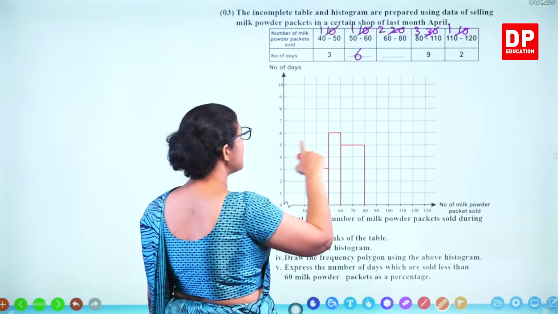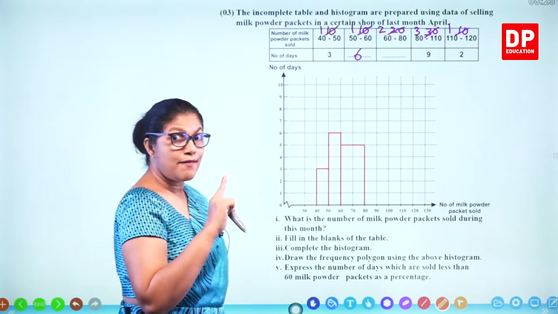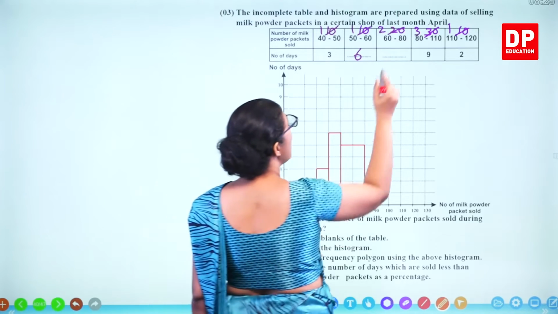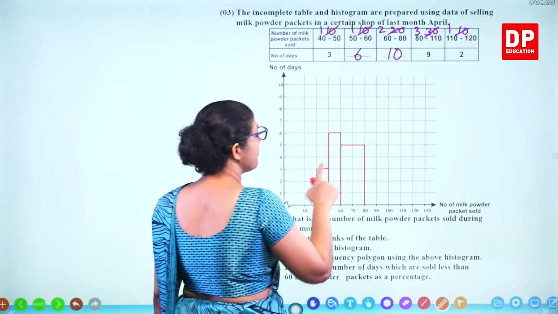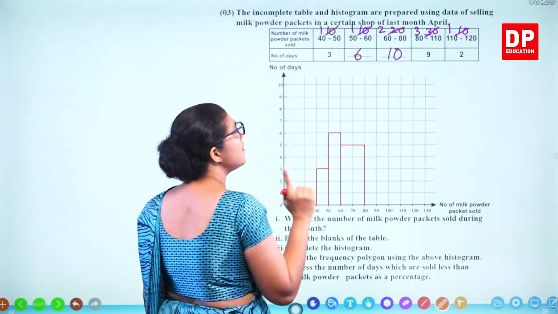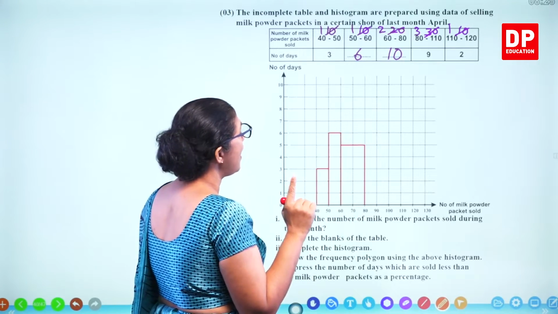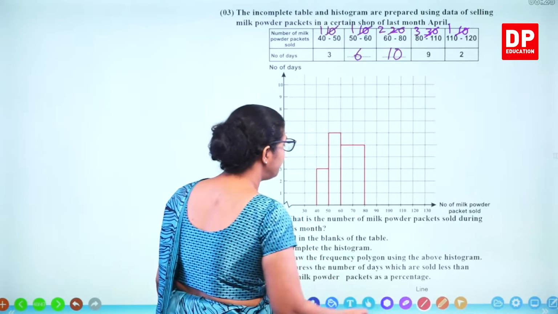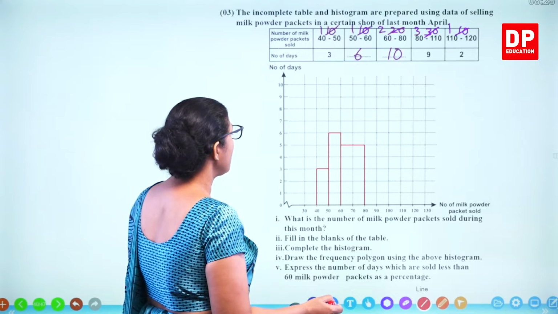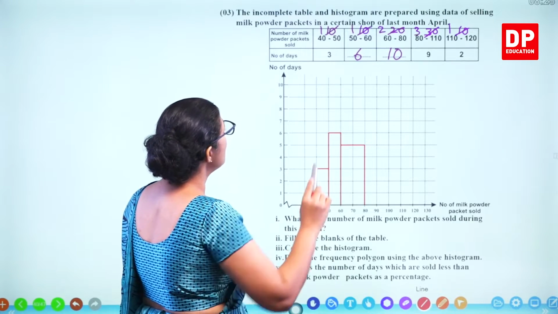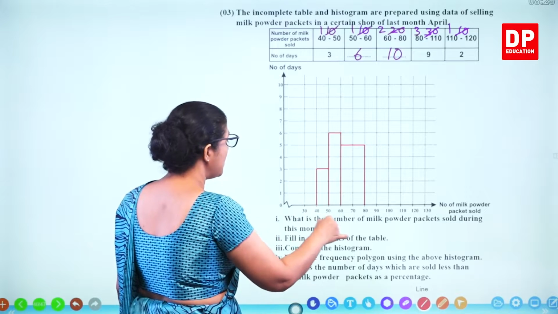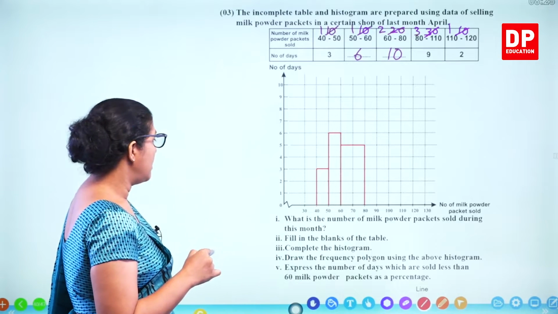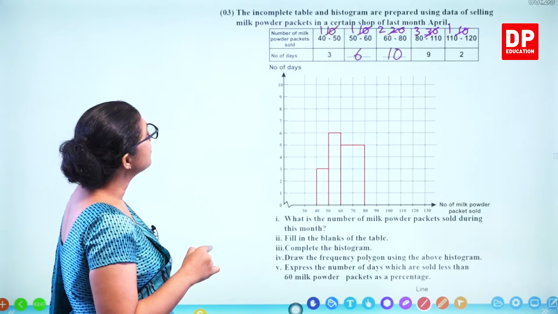So 2 parts is 5. So 5 each. So 5 and 5, this becomes 10 then. So this 5, that's 10. 9. So we can draw the other one. But we just fill that and now we'll answer the first part.